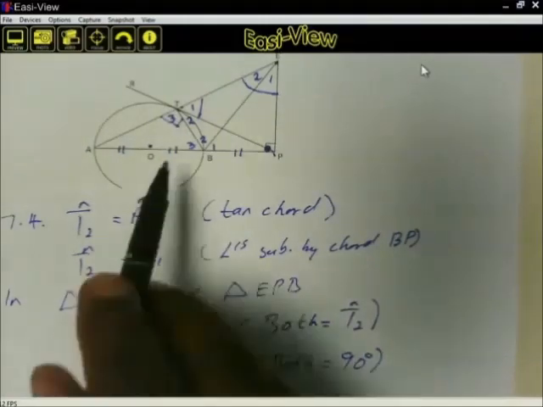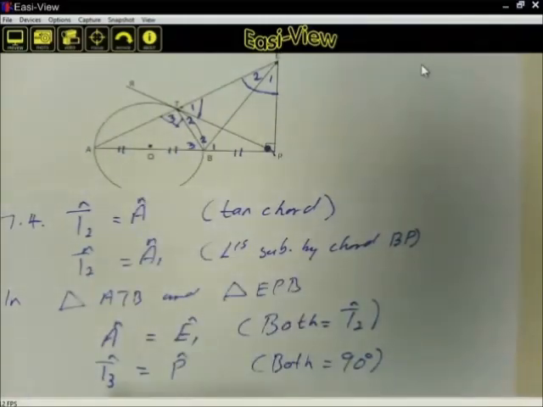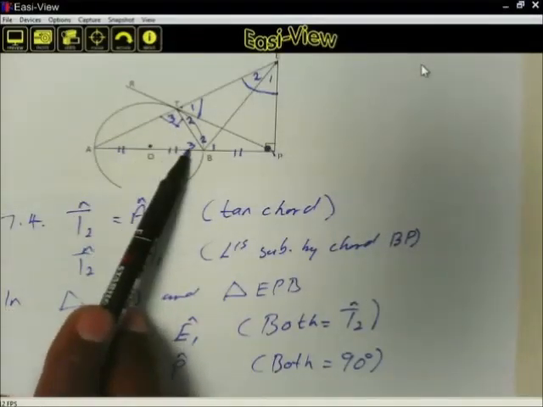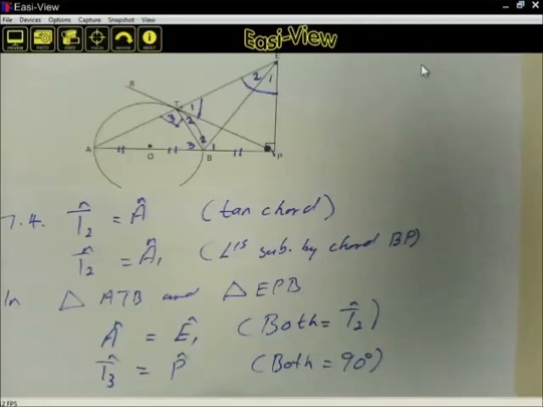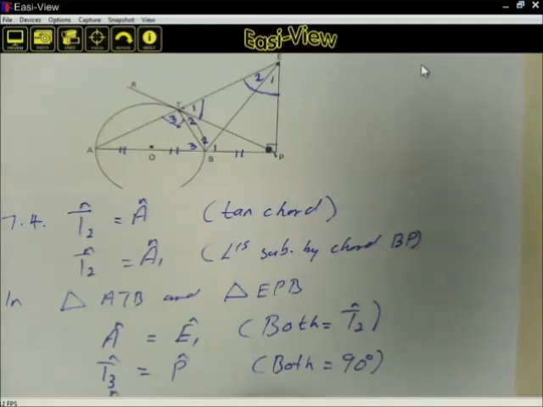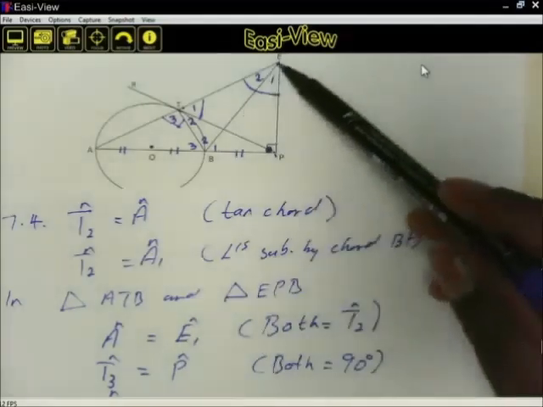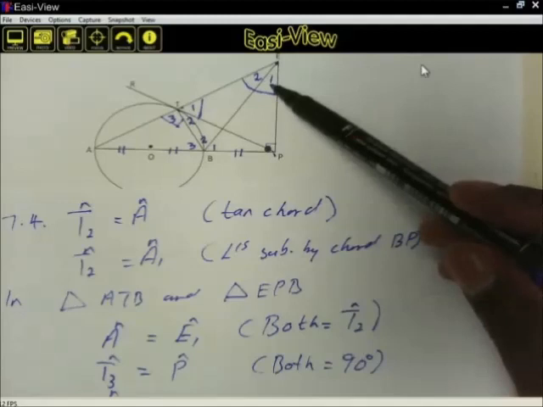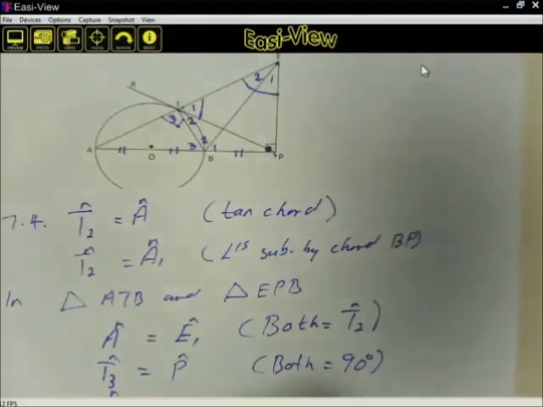In triangle ATB, we have talked of angle A, we have talked of angle T3, we haven't yet talked of angle B3. Therefore, the remaining angle will be angle B3. Then you look in triangle EPB. In triangle EPB, we have talked of angle P, we have talked of angle E1. Then the remaining angle will be angle B1.